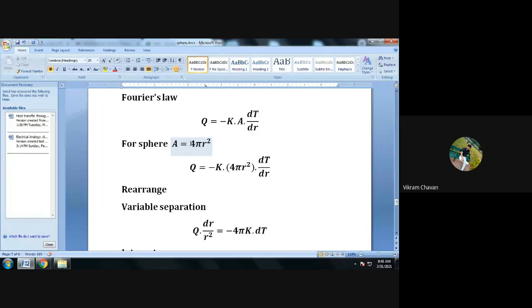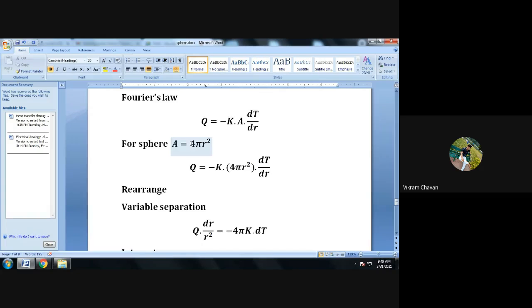According to Fourier's law, Q is equal to minus K multiplied by A multiplied by dT divided by dr. For a sphere, area is equal to 4 pi r square.